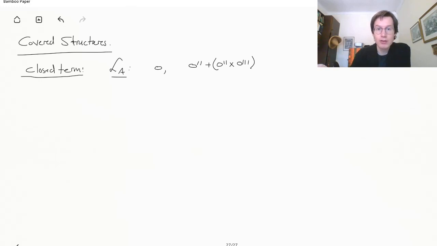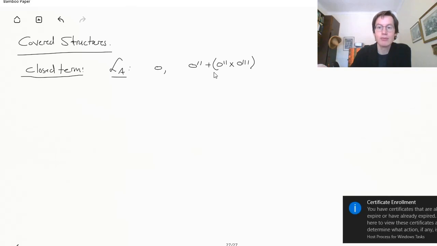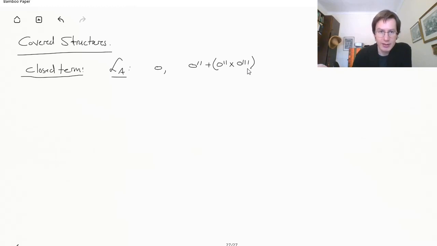We build it from constants. There are 3 occurrences of the constant symbol 0, and we've applied function symbols to the correct number of arguments in every case. Notice also that I've used the infix notation over here, which we allow ourselves to use. So those are closed terms.